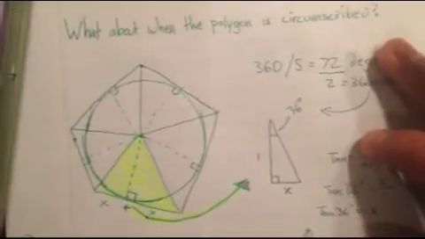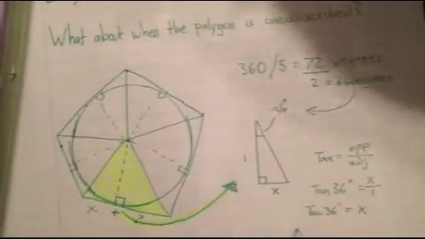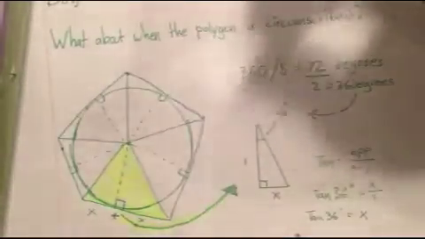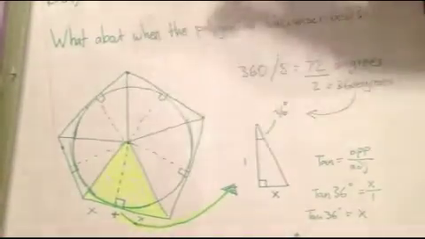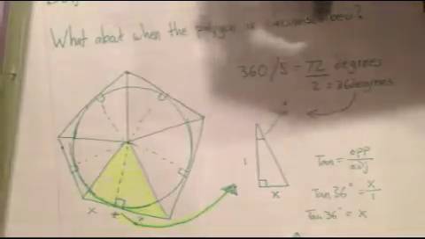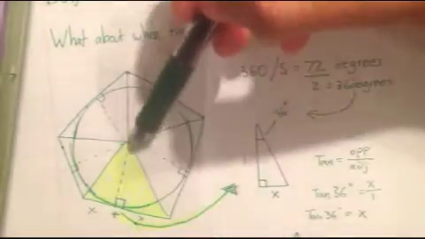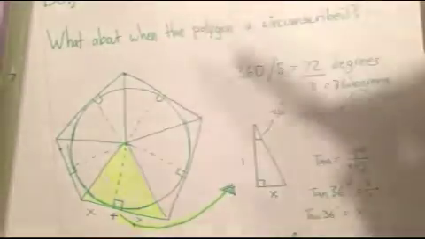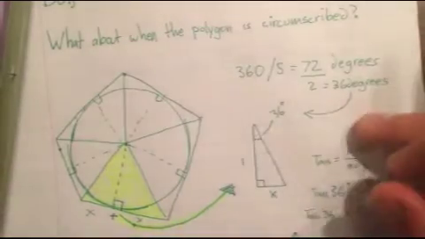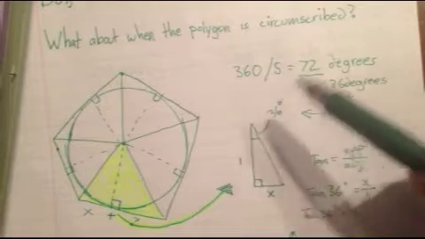So I chose a pentagon here because it's a little more complicated than a triangle and a square, and I think it is a good example. So if we take this middle, we know it's 360 divided by 5, which is 72 degrees, which is the angle for this triangle. And if we take one of these smaller triangles out, we know that this angle is 72 divided by 2, which is 36.